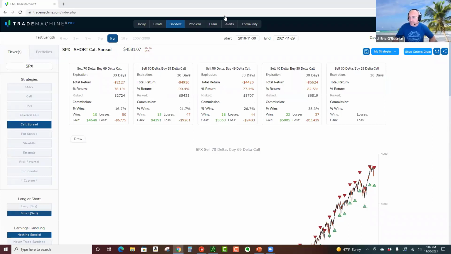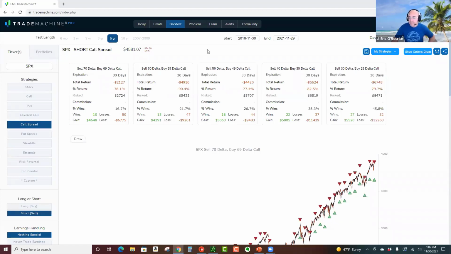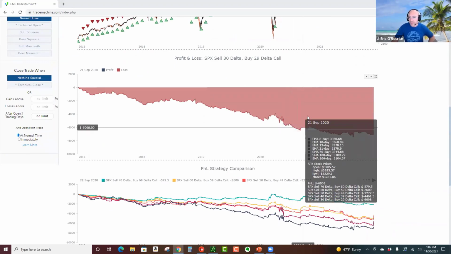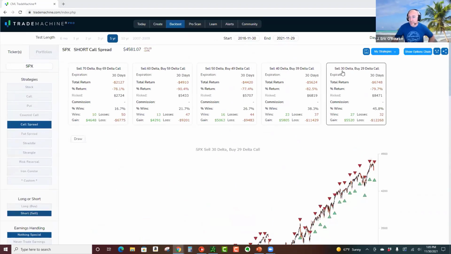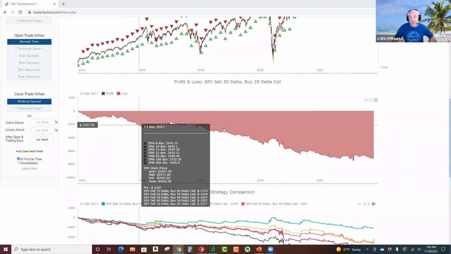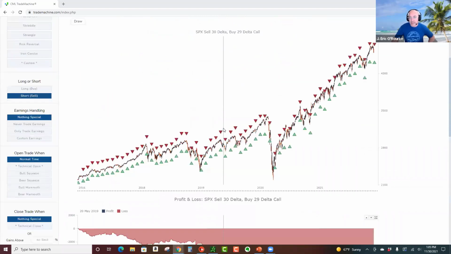Let me know if you have any more questions, and I can stay on for as long as you guys want. I've got at least another 20 minutes. Here was the Delta 30. The Delta 30 was a little bit more probable because it's a higher probability. But again, the options market on the call side has just been wrong for years.